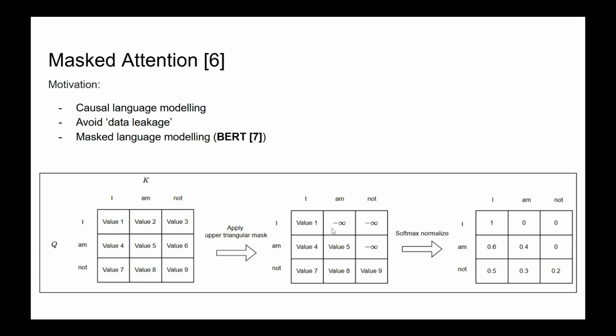Before we get into the detail, there is a motivation for this. The model we are trying to train does auto-completion. For example, we have the first word "I", then the next is "I am", then "I am not". We complete each word and add them sequentially.